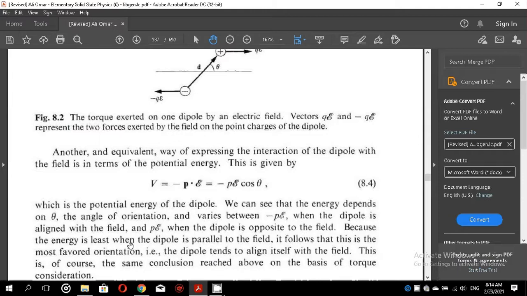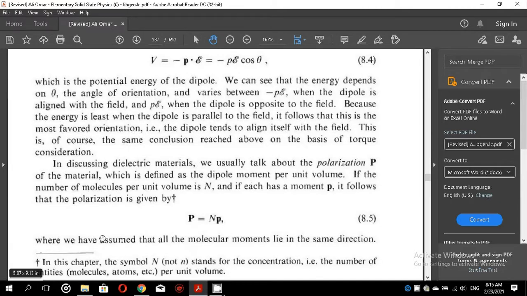Because the energy is least when the dipole is parallel to the field, that is minus PE, it follows that this is the most favored orientation, that is, the dipole tends to align itself with the field. This is of course the same conclusion reached above on the basis of torque consideration.